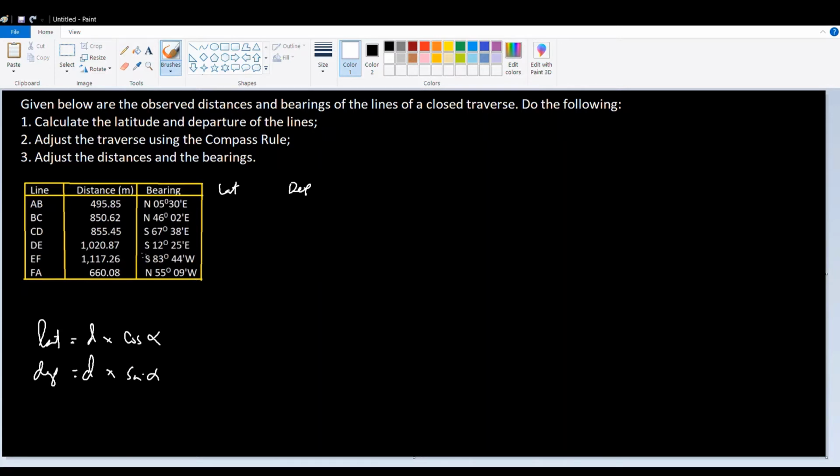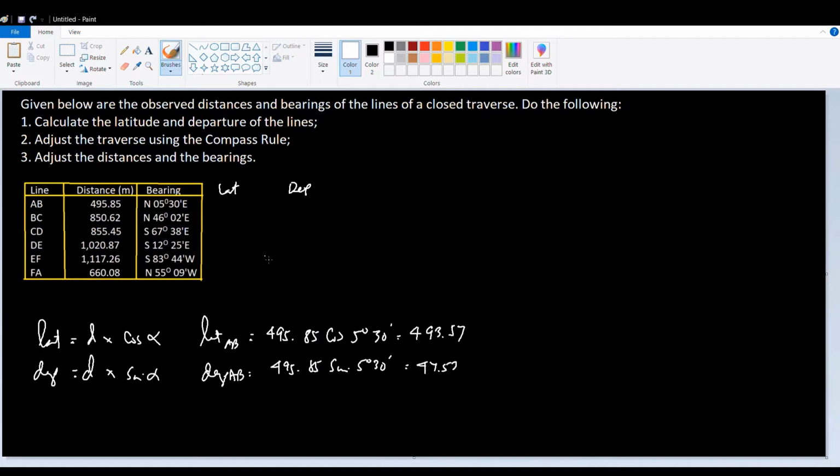So for line AB, the latitude is 495.85 cosine of 5 degrees and 30 minutes. That is 493.57. The departure, on the other hand, is 495.85 sine of 5 degrees and 30 minutes, and that is 47.53.